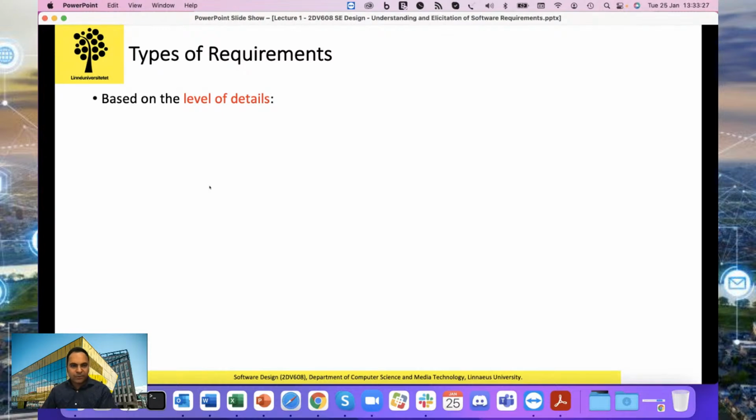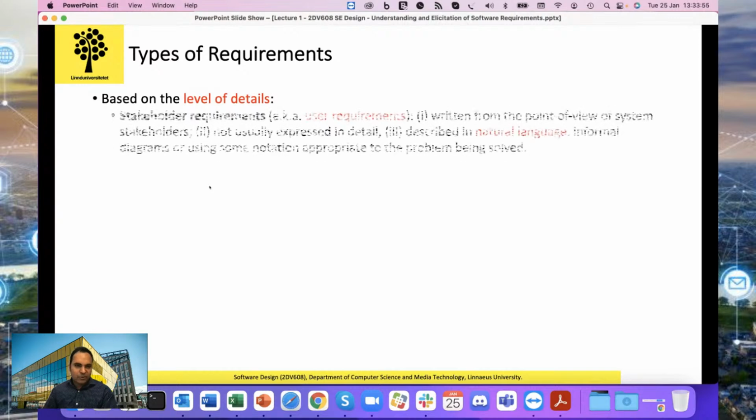So types of requirements. Requirements can be, of course, of different types. There are not only statements that we read and go for the implementation right away, but the types of requirements can be viewed from various perspectives. For example, based on the level of details.